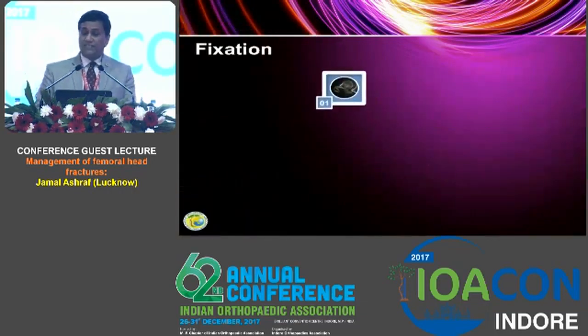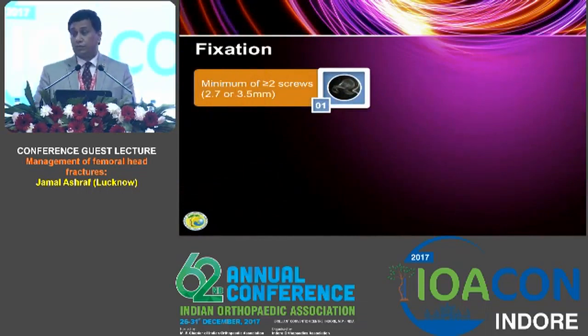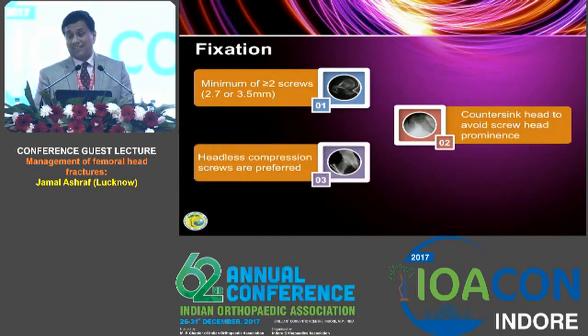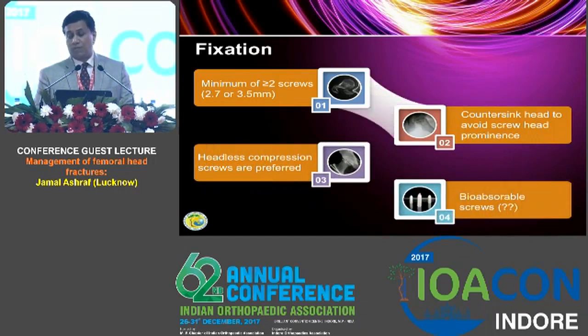Now, fixation should be done with a minimum of screws, which could be 2.7 or 3.5 mm configuration. If you're using cancellous screws, always countersink in the head to avoid screw head prominence. Headless compression screws are preferred, though a number of studies have shown that they have less stable fixation as compared to cancellous screws.